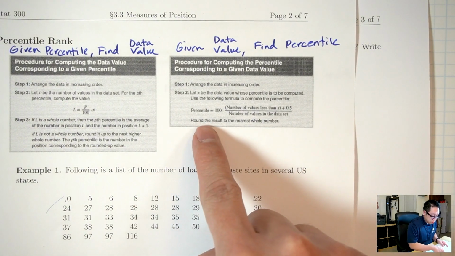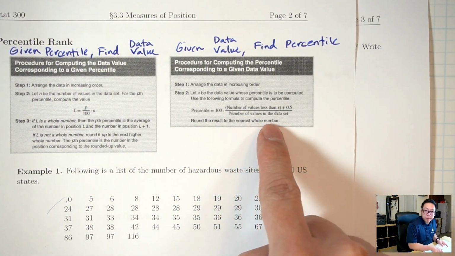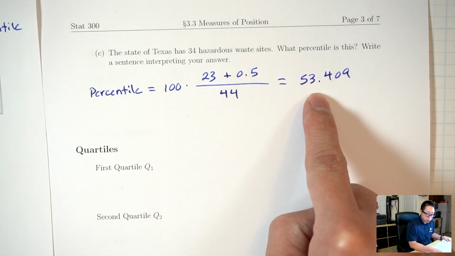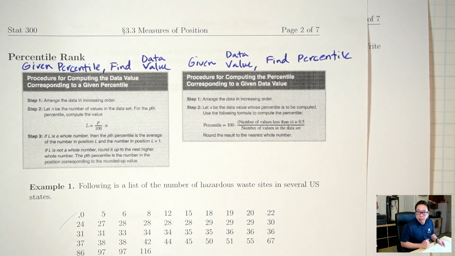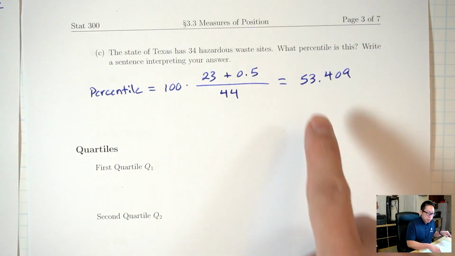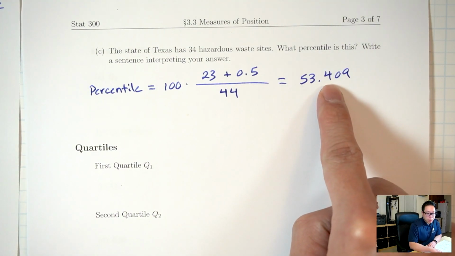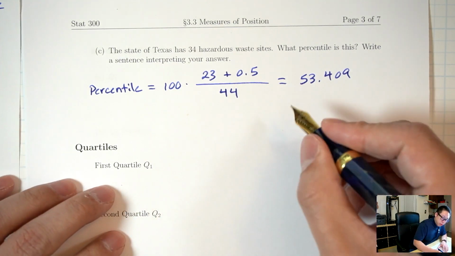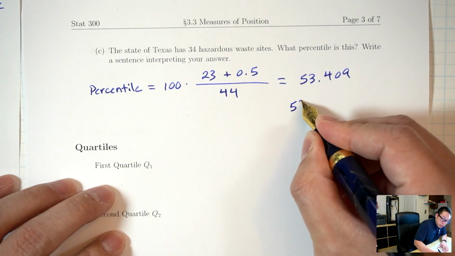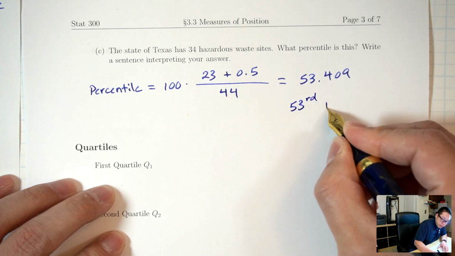At the bottom, it says round the result to the nearest whole number. Nearest whole number just means round regularly. That's 0.4, so we should round down to 53. So our final answer here is 53, the 53rd percentile.